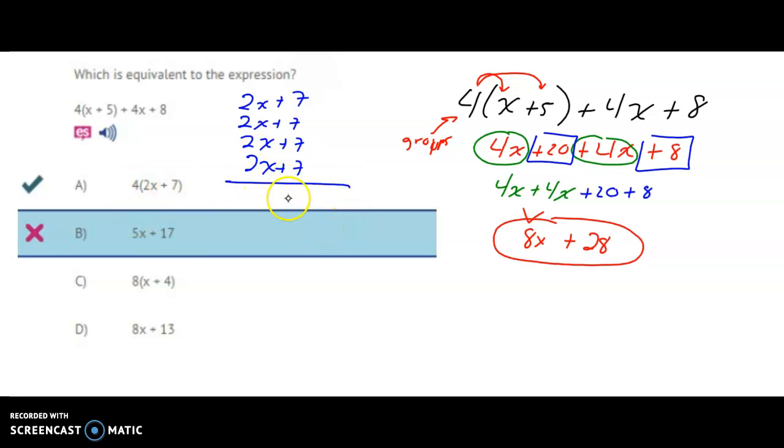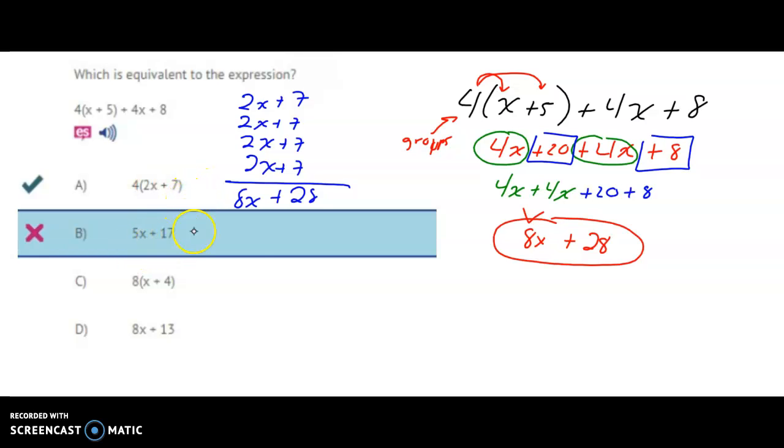Well, what's 7 plus 7 plus 7 plus 7? That gives me 28. Bring down your plus. 2x plus 2x plus 2x plus 2x gives me 8x. 2, 4, 6, 8. Look at that. 8x plus 28, 8x plus 28. They are equal. They are equivalent expressions. They mean exactly the same thing.